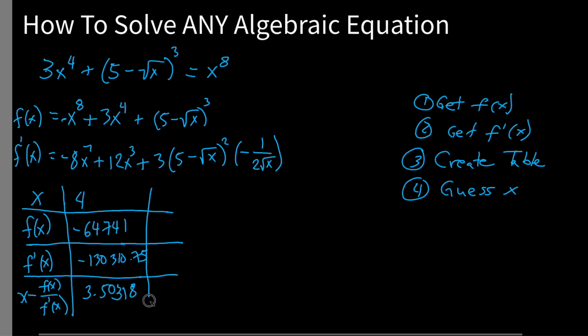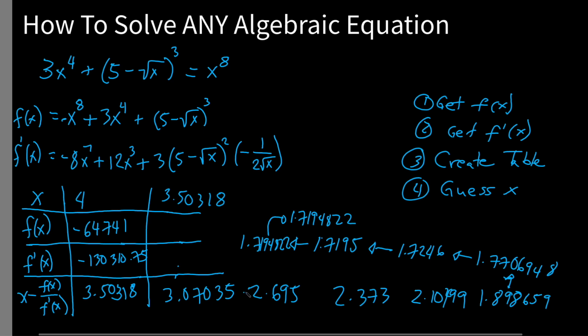Now, what the next step is: take this value you got here and make it your new x. So this now becomes the new x, and we'll keep repeating this process. So I've already done this in a calculator, but what you'll find is x will progress like this.